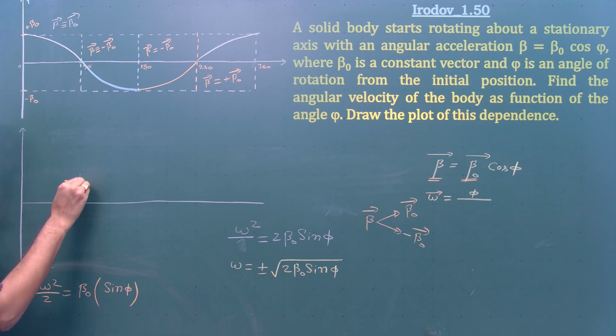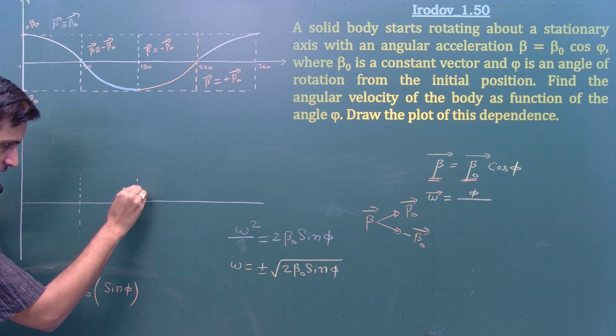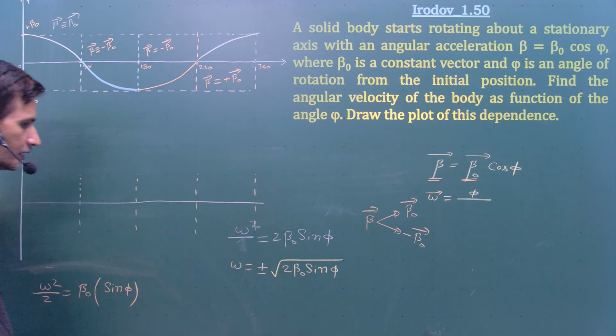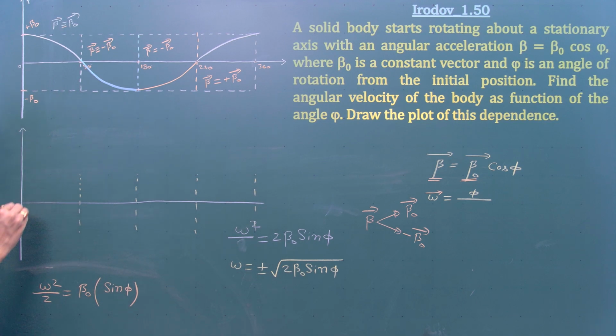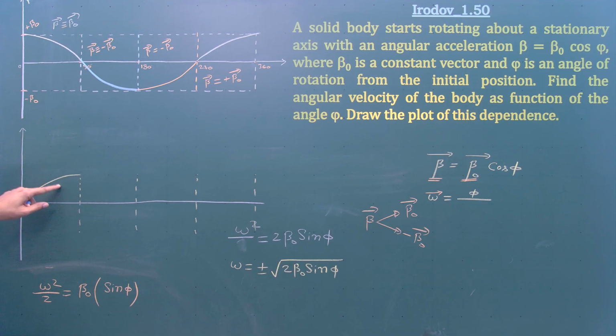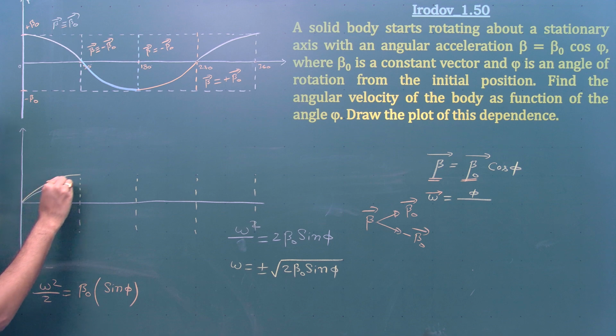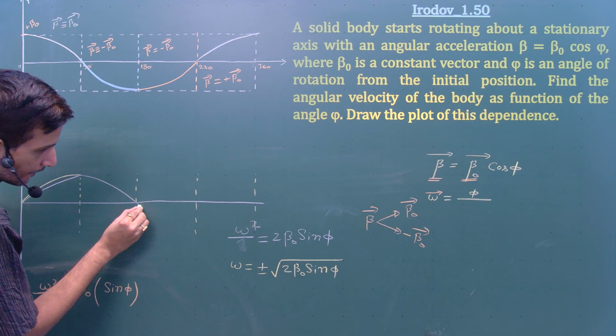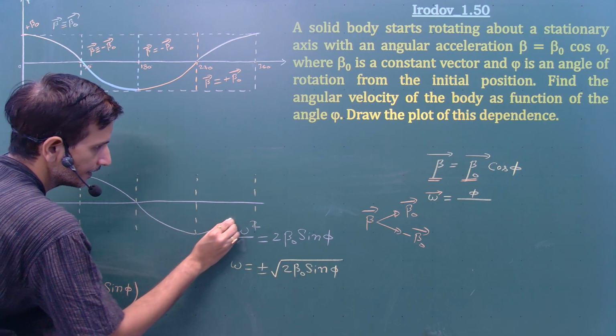So the plot is more like that. In the first quadrant, second quadrant, third quadrant, and fourth quadrant, the graph of sin theta is like this. Now we have to take the root part. So the root part is more like this equation. In the next part, this is like this, again this, and this.